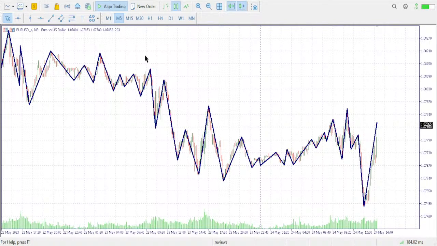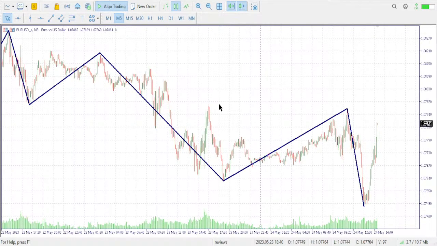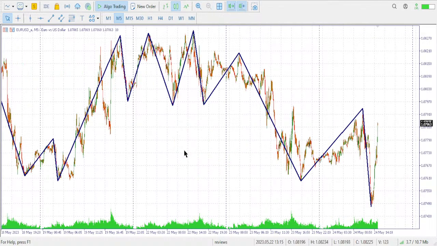On it, I'm using the default settings, or you can use 52. Depth is 52, deviation is 52, and then backstep is 52. When you do that, you'll have something like this on the screen.